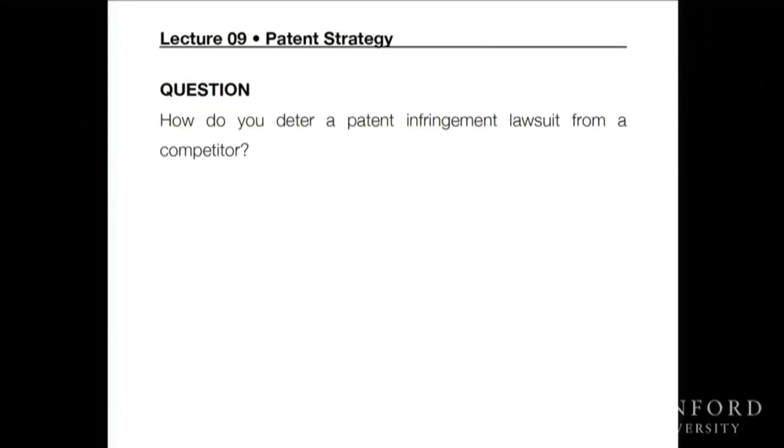Christopher Sebald. Christopher, how do you deter a patent infringement lawsuit from a competitor? What would be some of the things that you would want to do to deter someone else from bringing a lawsuit? You could find out which of their competitors have similar patents or similar technologies and try and partner with them.